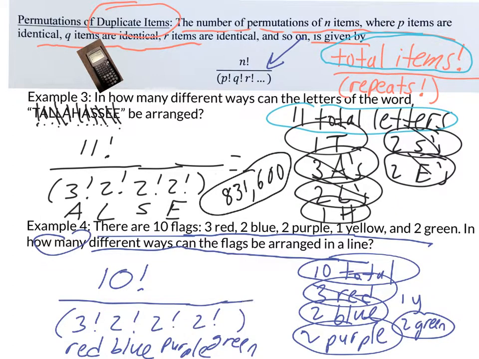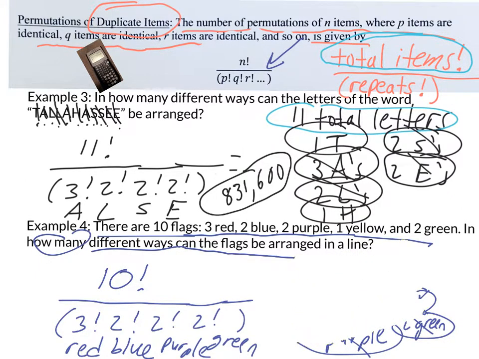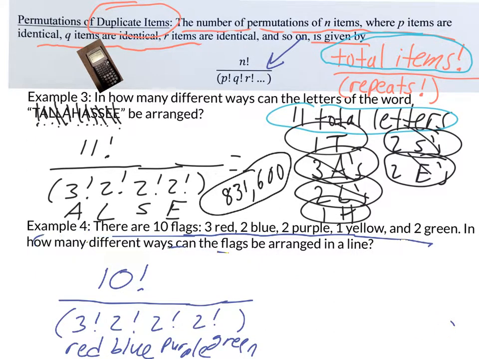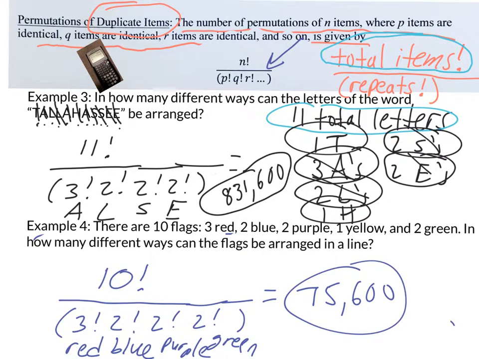It's up to you if you want to put a 1 factorial to represent the 1 yellow or not. You don't need it since the yellow does not repeat. So this whole thing is what you're going to type into the graphing calculator, parentheses and all. So try it. After you type it into the graphing calculator, just to check your answer, you should be getting 75,600 as the final answer.